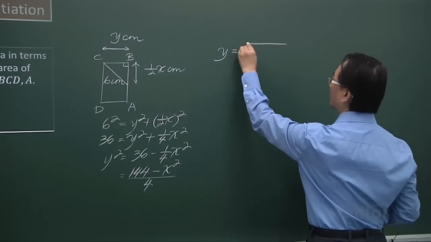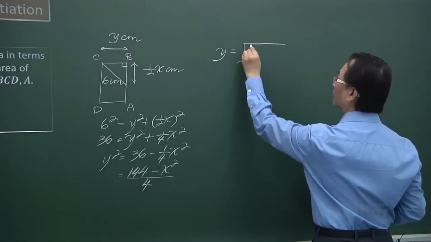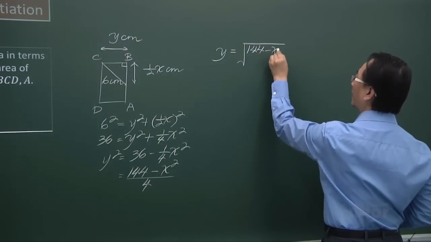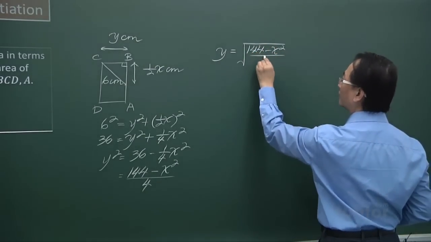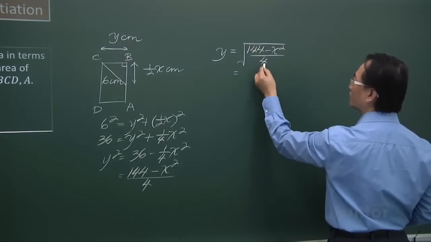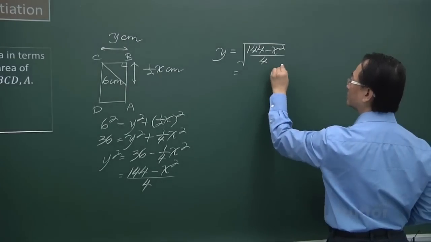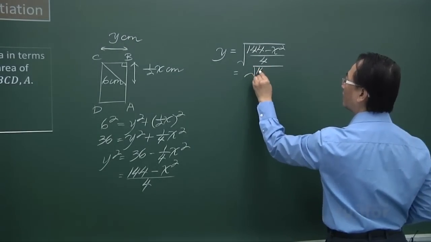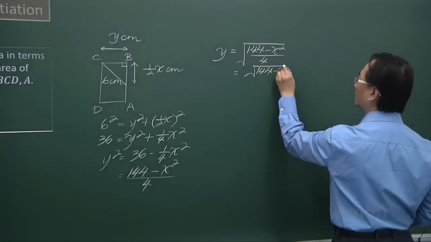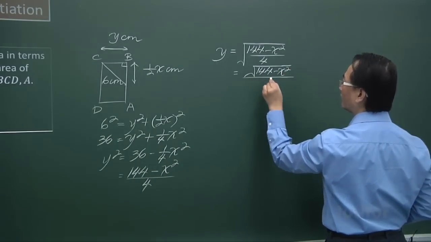So I would just have the positive root of 144 minus x squared over 4. And this can be simplified further because square root 4 is 2. So I'll have 144 minus x squared square rooted over 2.